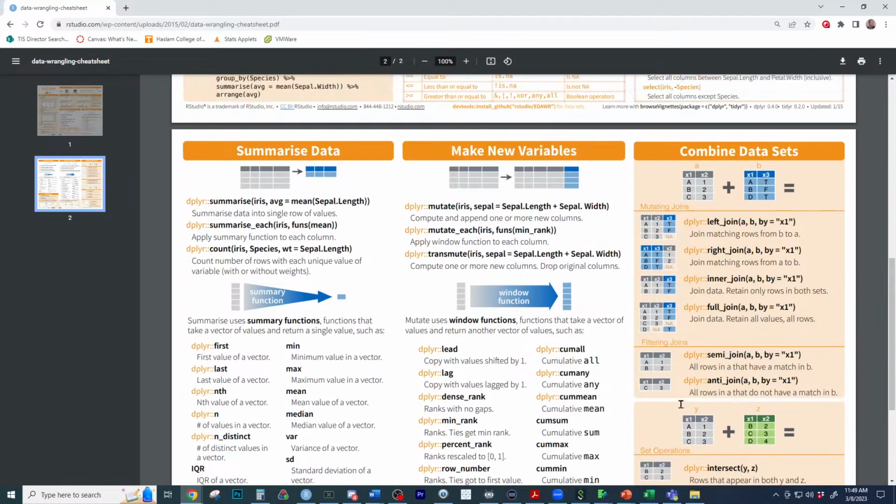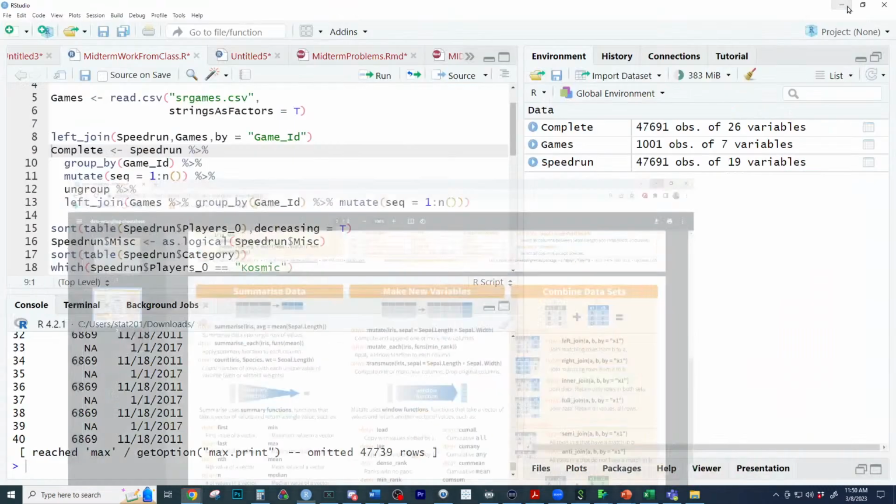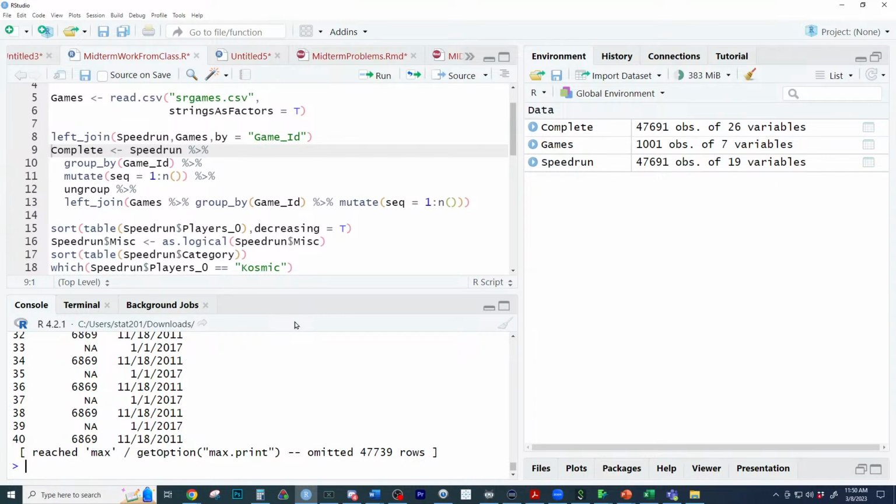Oh, I think I know why the group by is not doing what we want. Joining data, retain only rows in both data sets. No, we don't want that. Full join, retain all values, all rows. So this could possibly work. Is it the multiple occurrences that is the problem?